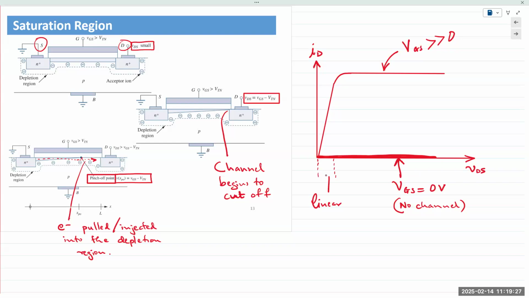Is the channel present or not in your question? Yes, then current would still be flowing. If there is a channel, whether it's pinched off or not, current would still be flowing.